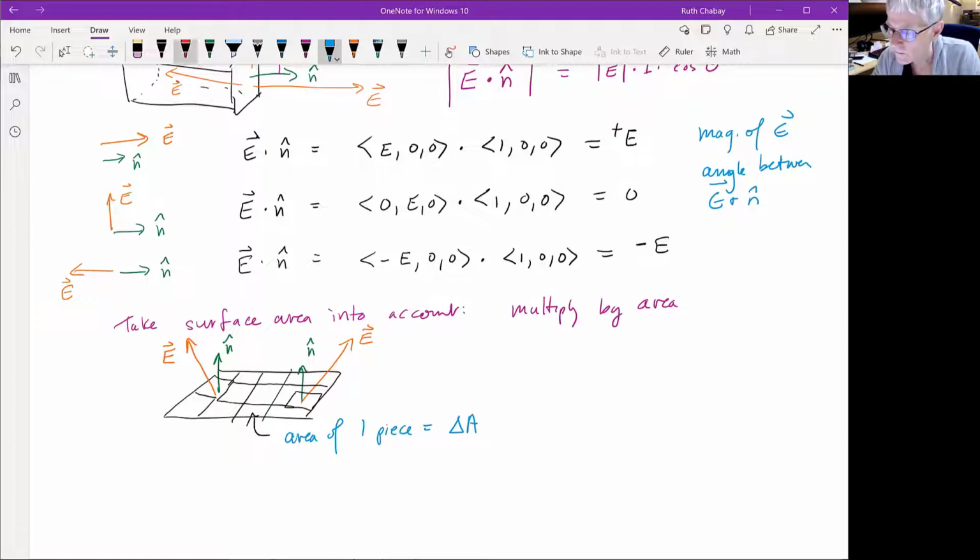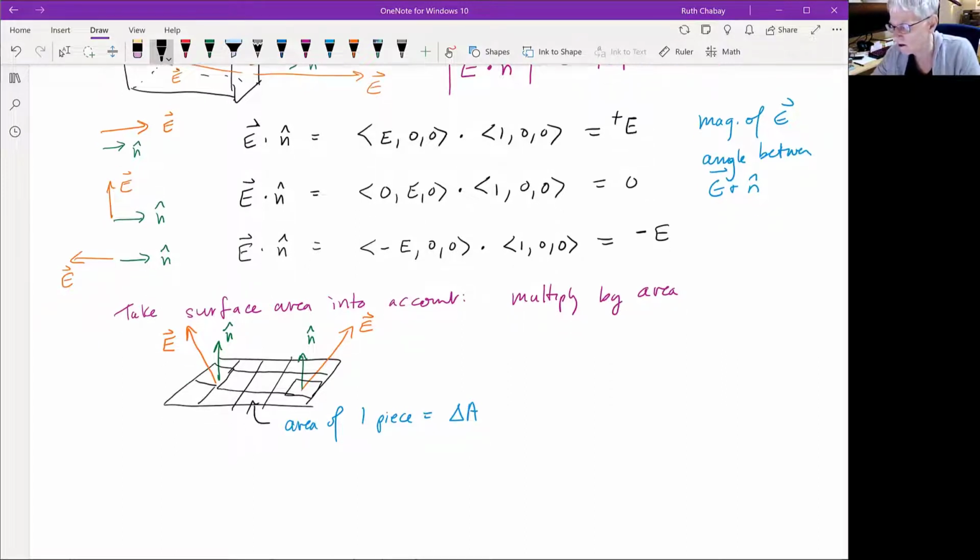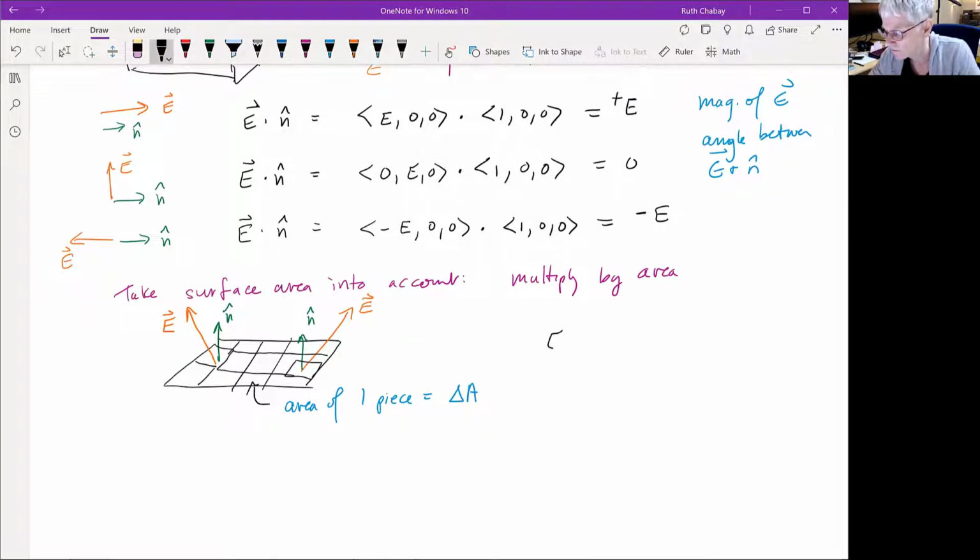And so what we've ended up defining is a quantity called electric flux. And it's measured on a surface. So how do we do for a sphere? We get to a sphere in a minute.